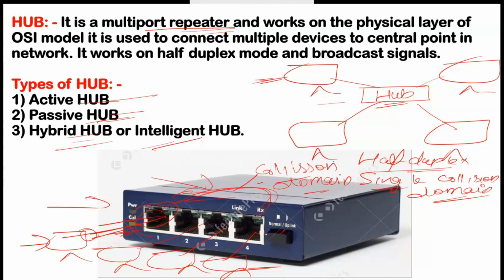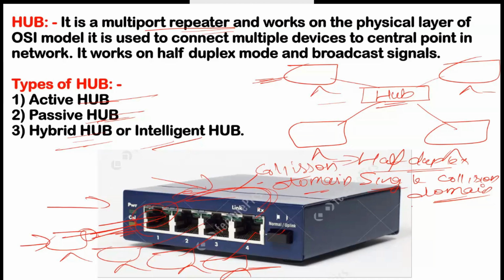That's why it works on half duplex, because only one device can send data at the same time. If two devices send data at the same time, what will happen? Collision will happen, meaning traffic, and both of the data will be discarded. So because of the single collision domain, it works on half duplex.